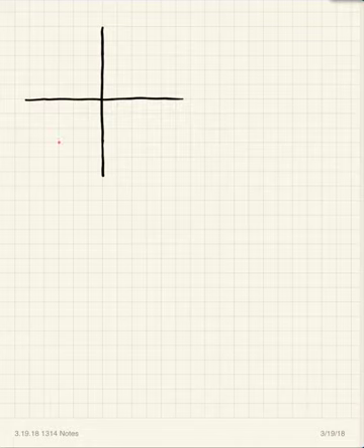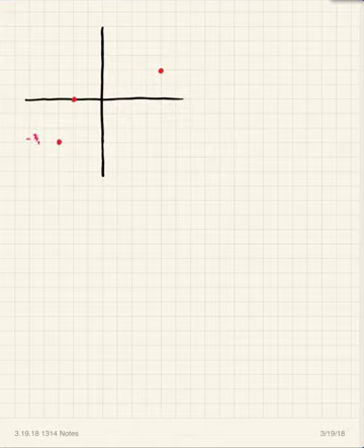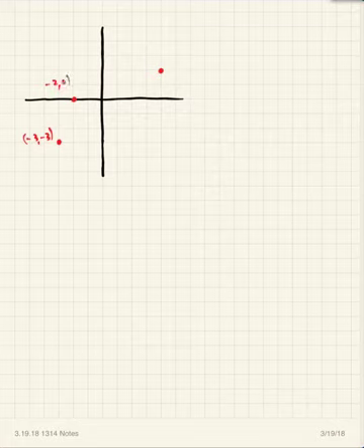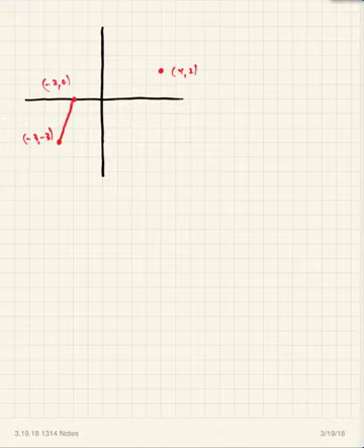Let's say we have a graph that looks like this, and it goes through those 3 points. That's -3, -3 right there. This point is at -2, 0. And this point is at 4, 2.